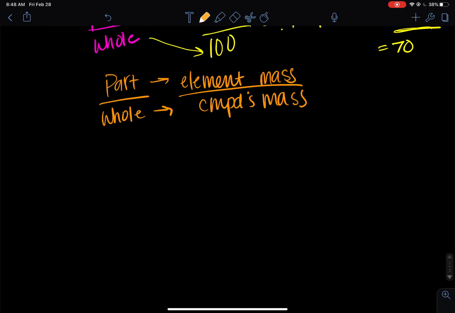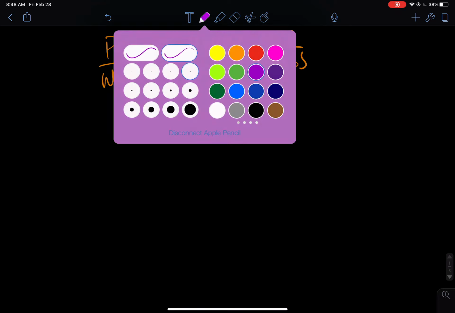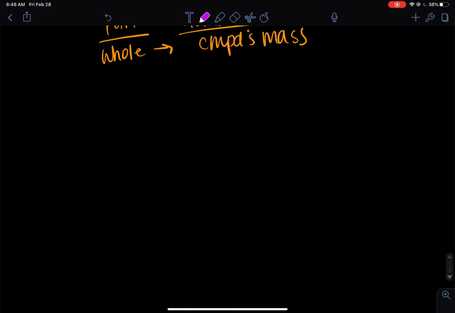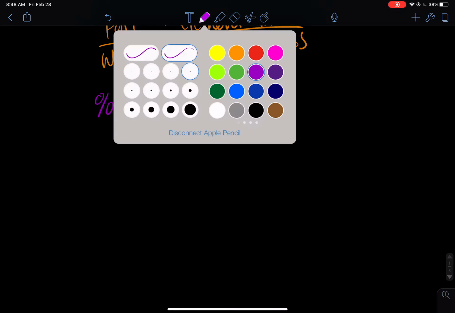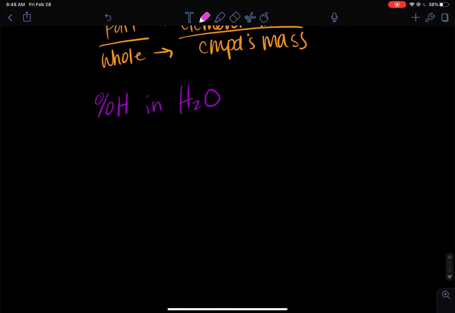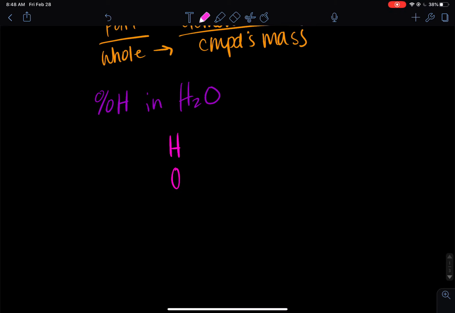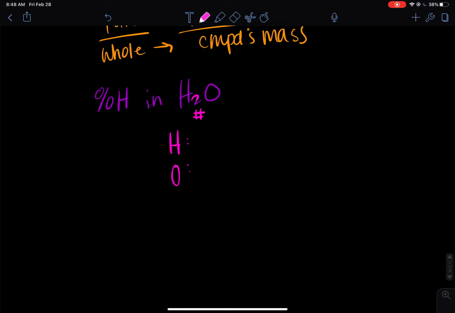Okay, so in the notes we do water, so we can just go ahead and do that here. If I want to know the percent composition of hydrogen in water, the first thing I'm going to do is what we've been doing with the compound: you take the pieces. I'm going to take hydrogen and oxygen, and say how many of each. How many moles? I have 2 of hydrogen, so that's 2.